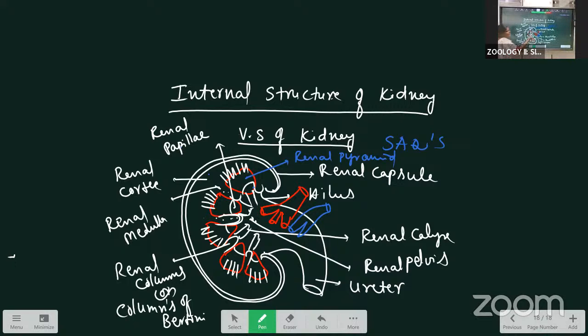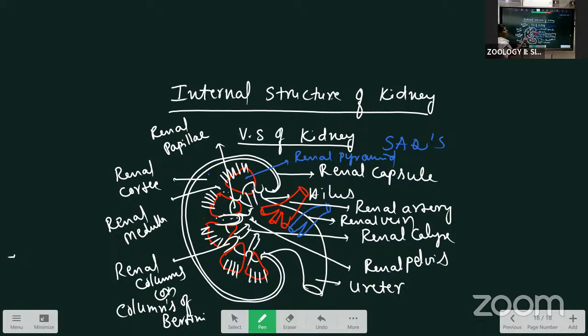What enters the kidney at the hilum is the renal artery and the nerves, and what leaves the kidney is the renal vein and the ureter. Clear? This is the internal structure of the kidney.